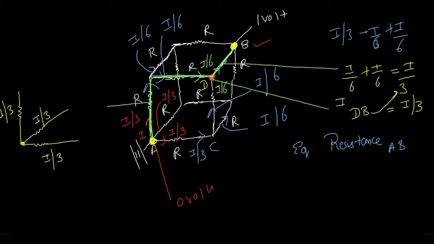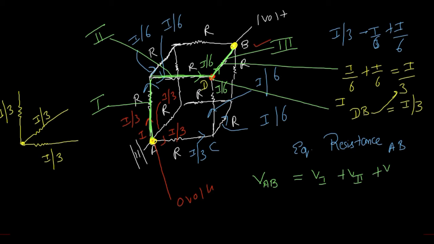What we're trying to do is find the potential difference V_AB. The potential difference V_AB is the sum of the potential across the first branch, plus the potential across the second branch, and the potential across the third branch.